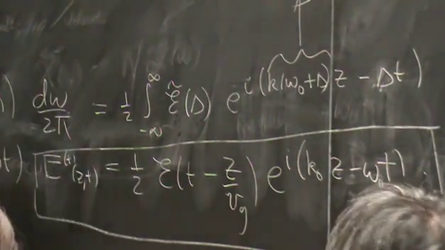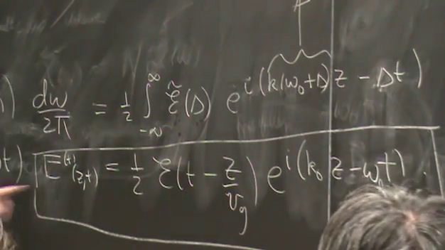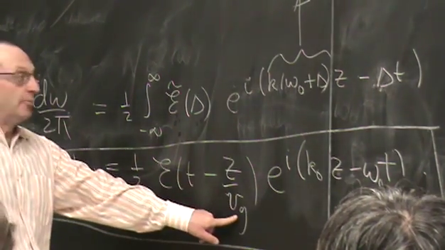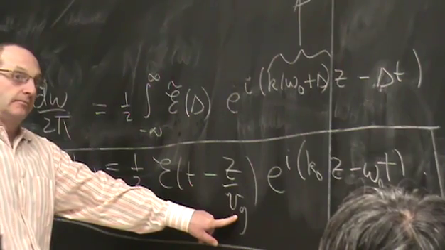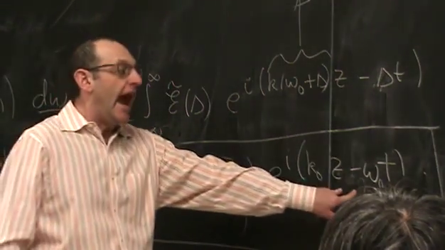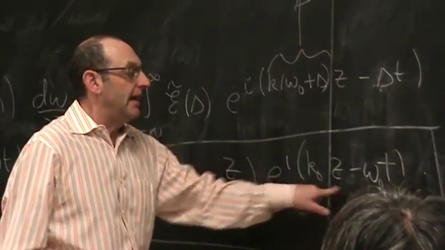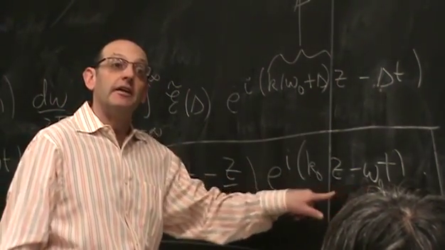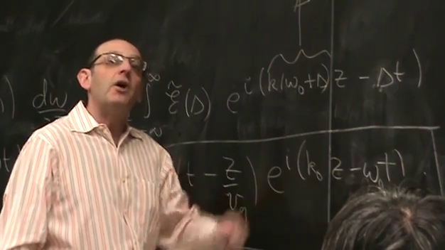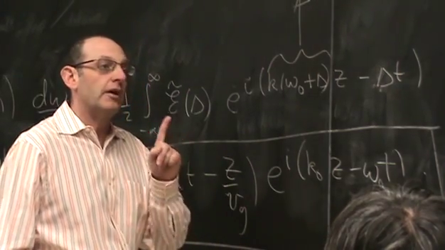This pulse moves; its center moves at the group velocity. The carrier wave propagates; the phase propagates at the phase velocity. We'll remind ourselves about that some more next week.